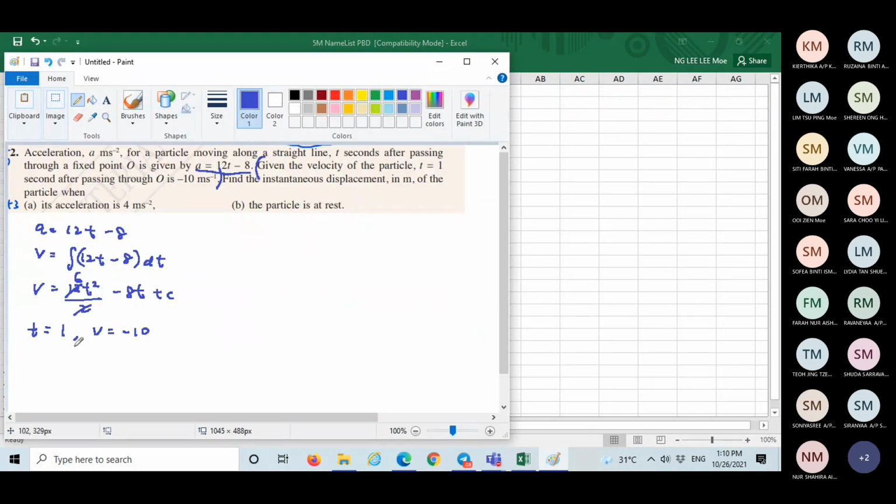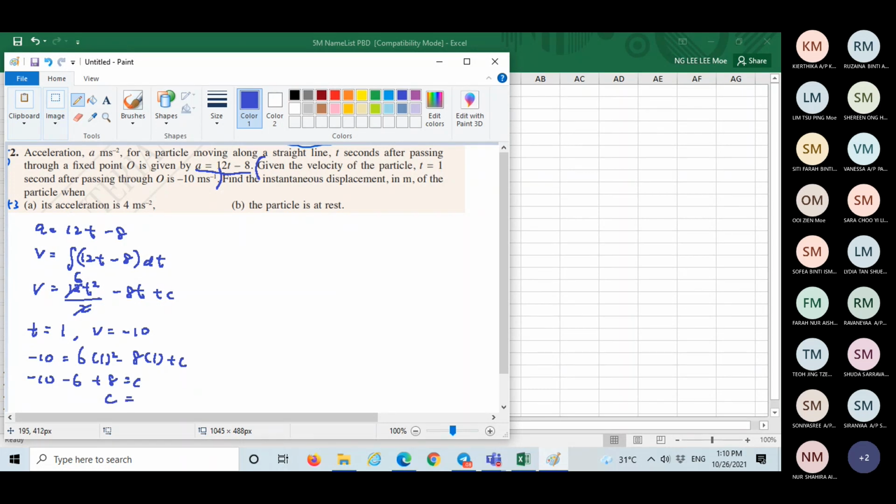Okay. So I substitute here. So negative 10. Okay, now t is 1. So 1 squared minus 8 times 1 plus c. This is 6, so come here minus 6. This is a negative 8, so come here plus 8.